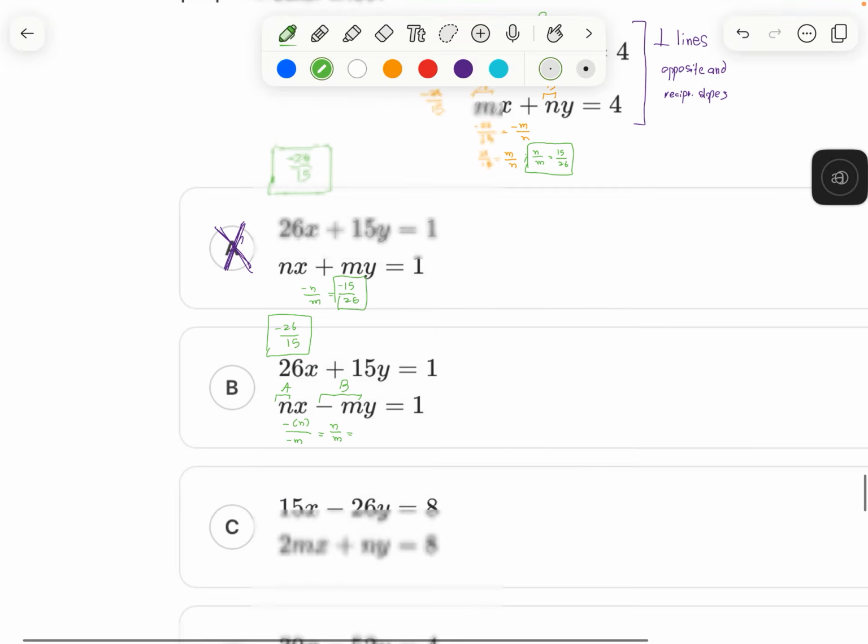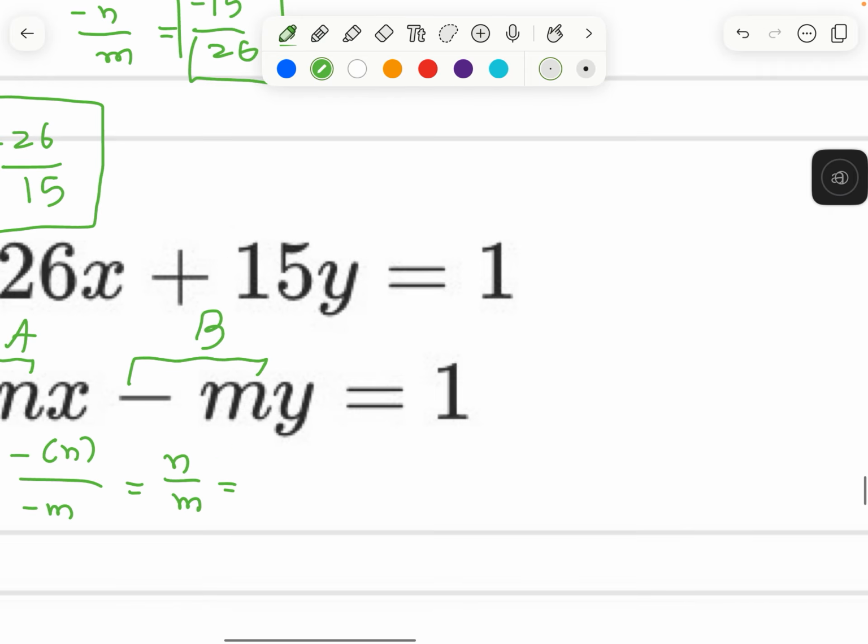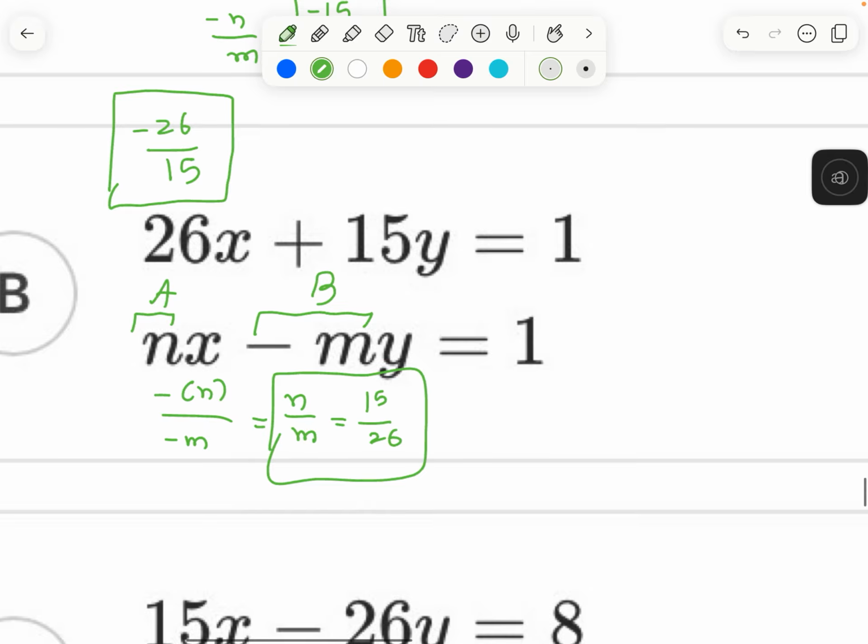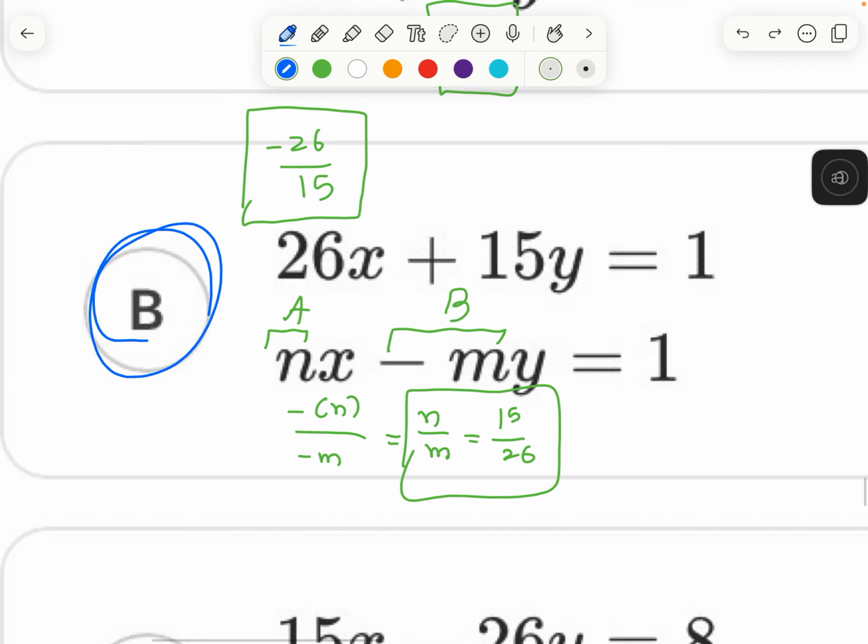And we know that n over m is equal to 15 over 26. So now, are these perpendicular slopes? Well, yeah, you should say they are, because these are reciprocal and these are opposite. So you know that these are going to be a pair of perpendicular lines. And therefore, answer choice B is the correct answer.